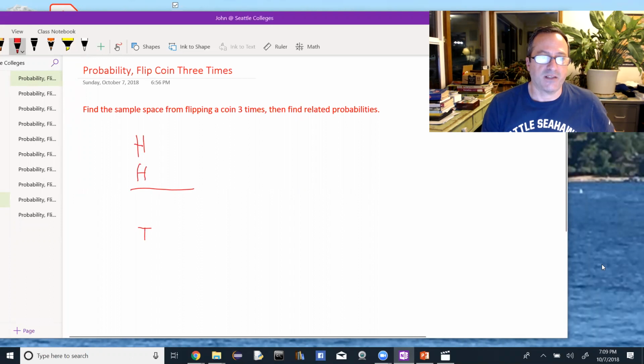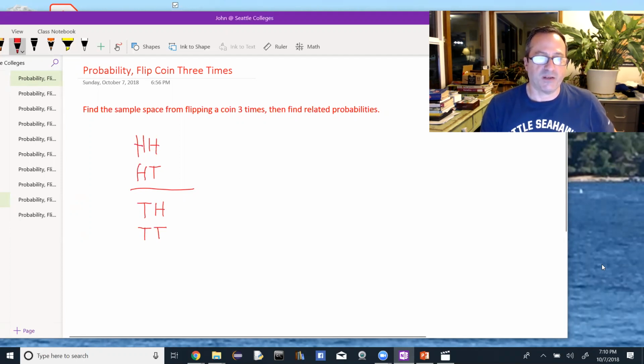I have a heads first, and then I either have a heads and then a heads, or heads and then a tail. And same thing, if I roll a tail first, I'm either going to have tails and then heads, or tails and then tails. So this would be the sample space for flipping a coin twice.